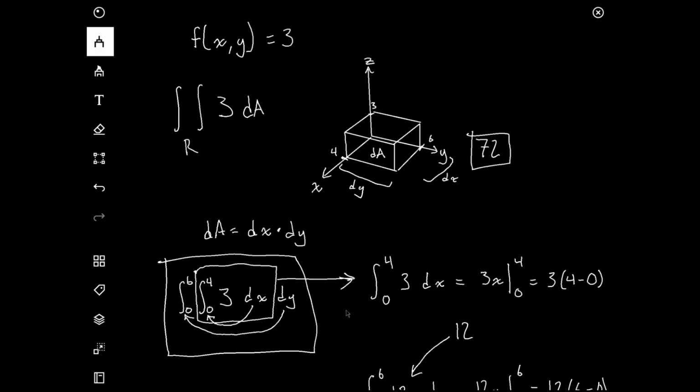Now, this was fairly simple because inside of our double integral, we just had 3. But what if we actually had a real function of x and of y that we needed to solve for the area under?